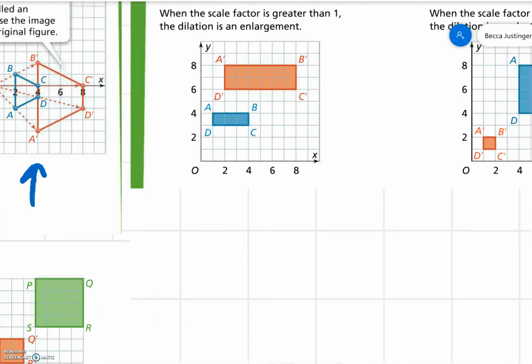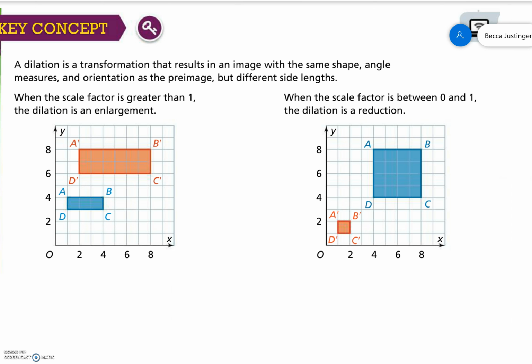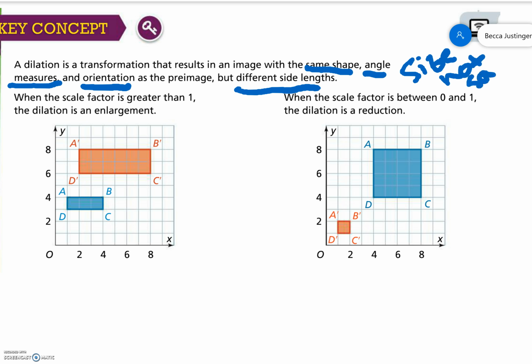Okay, key concept. A dilation is a transformation that results in an image with the same shape, angle measures, and orientation as the pre-image, but different side lengths. Since the size is not the same, it is not congruent.